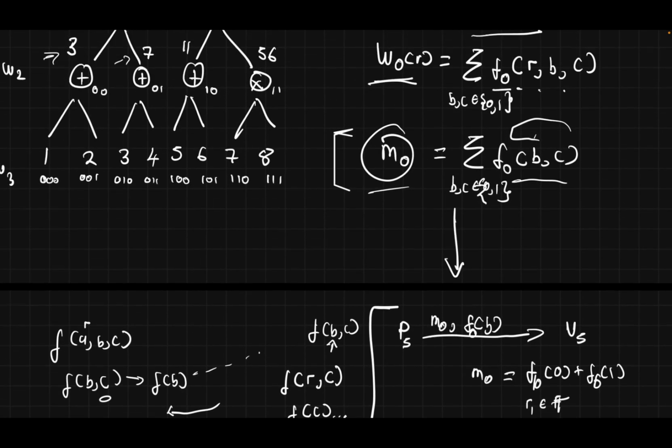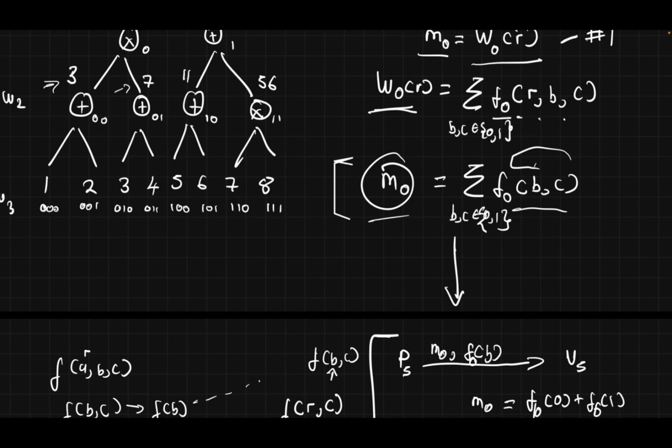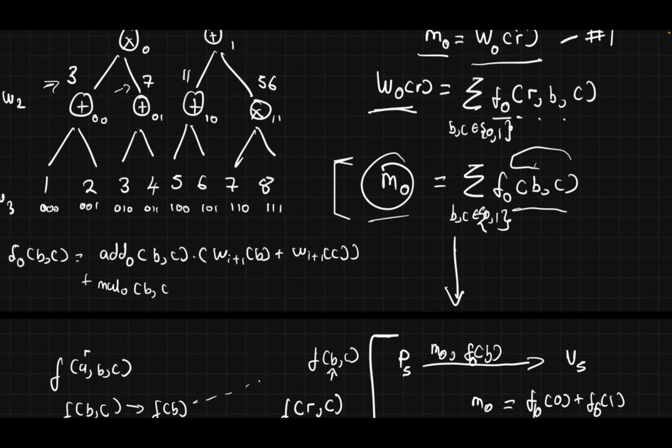So you know that this f0 of bc is the same thing as add, right? If you want to pass the initial poly, you need to send this entire thing.